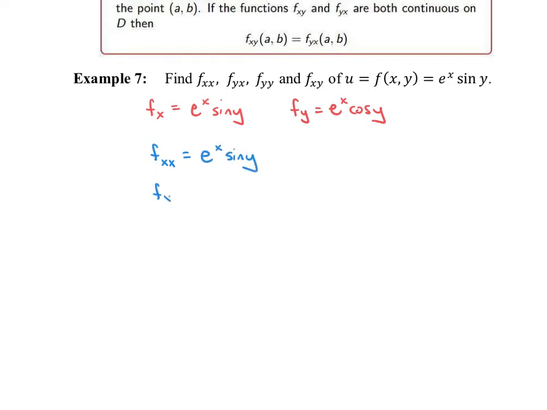The derivative f_xy is equal to f_yx, and we can just double check that this is the case if we were to think of both. So if we would look at the derivative of f_x with respect to y, we would get e to the x cosine of y.